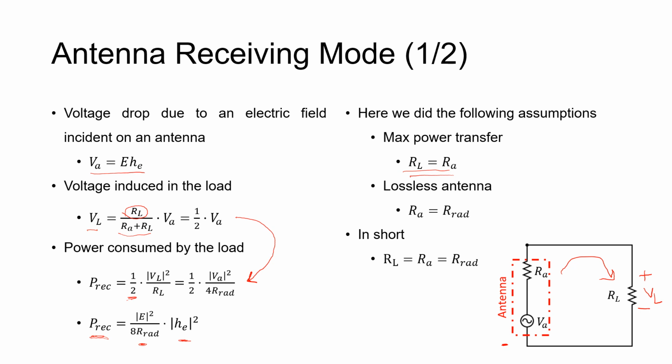And in this specific equation, we have made another assumption that our antenna is lossless, meaning our antenna is just the R radiation. Simply, what we have made is an approximation that in total RL is equal to RA, which is equal to R radiation.